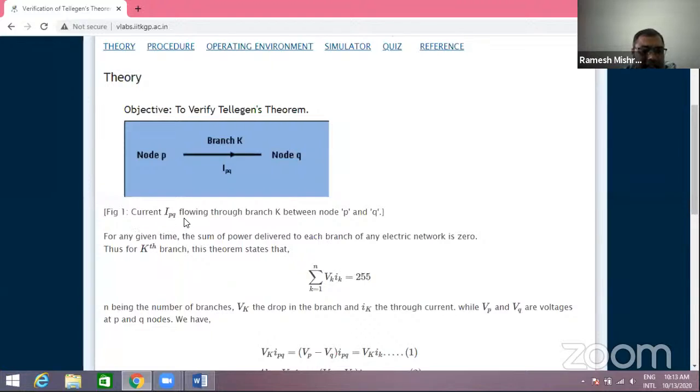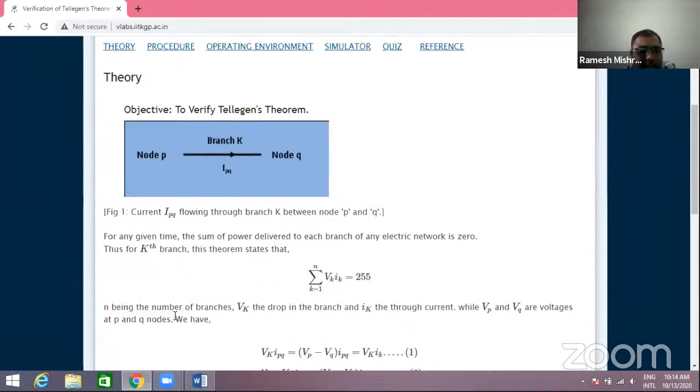Now, the current is Ipq flowing through the branch K between P and Q. For a given time, the sum of power delivered to each branch of any electric network is zero. Thus, for the kth branch, this theorem states that Vk into Ik is equal to some constant value, zero, as you know.